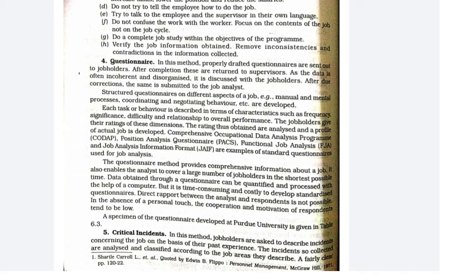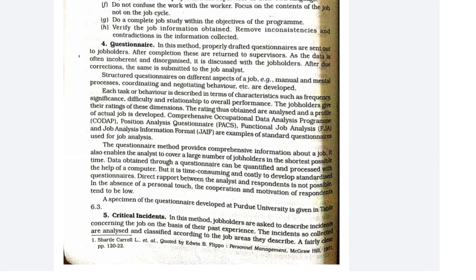Here the rating of the questionnaire is based on certain methods, and these methods are: first one, CODAP, that stands for Comprehensive Occupational Data Analysis Program, PAQ, Position Analysis Questionnaire, FJA, Functional Job Analysis, and Job Analysis Information Format, that is JAIF, are examples of standard questionnaire methods used for job analysis.